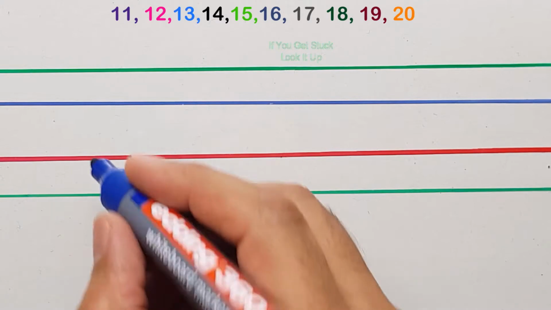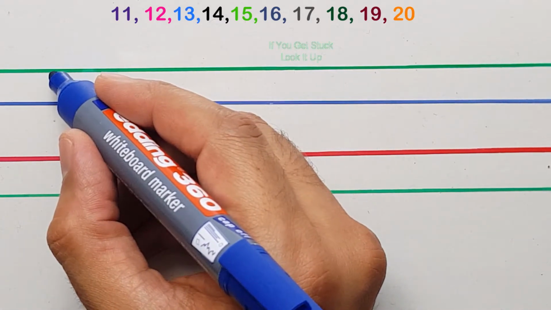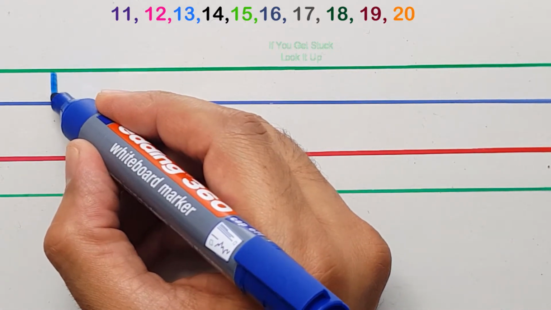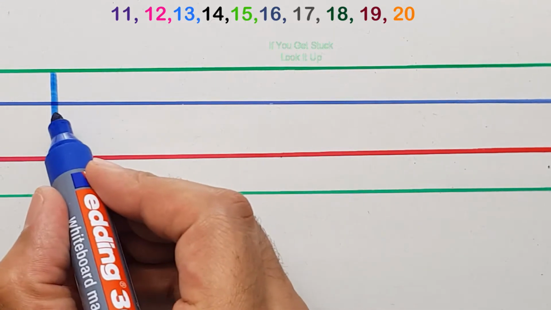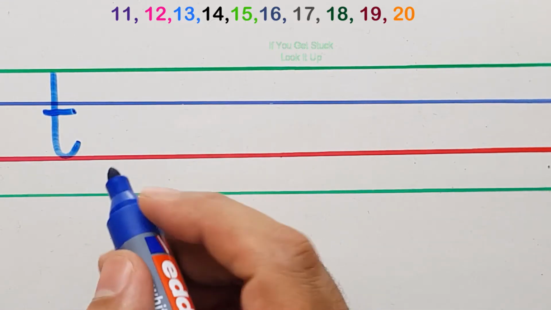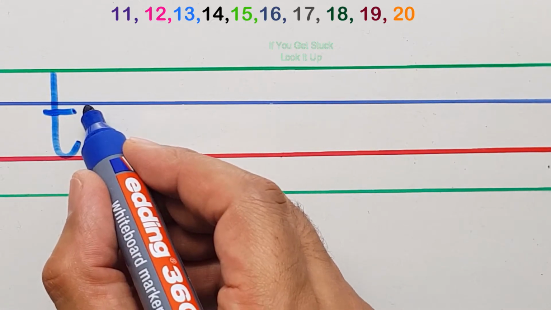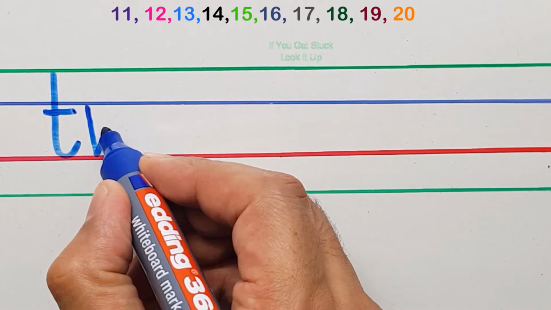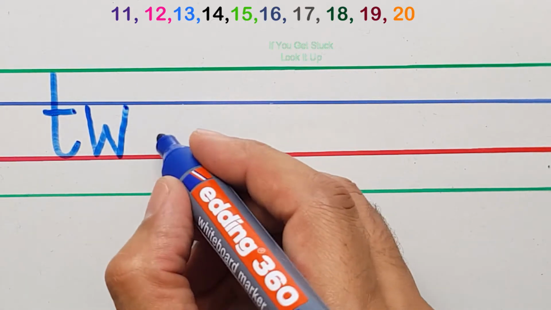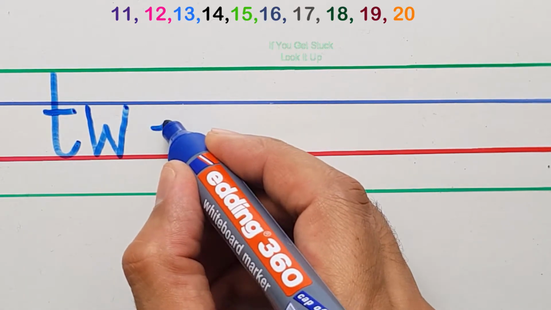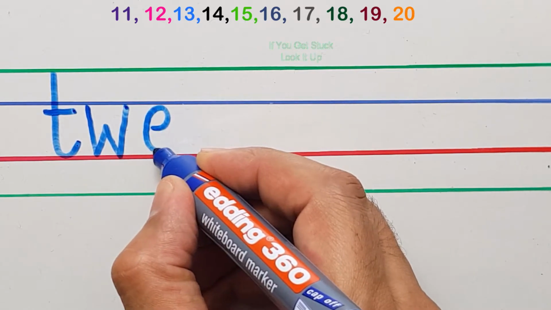The number 12, it's a tall letter, so start at the top, T to the baseline and flick. W. E from the middle, round to the top, back to the baseline.